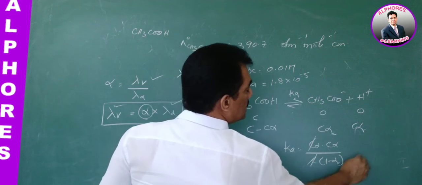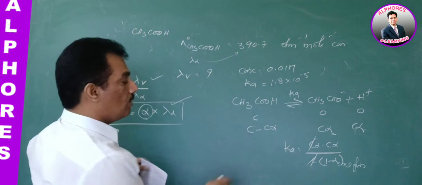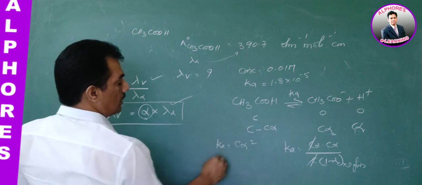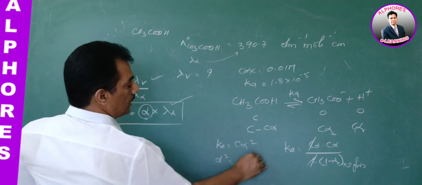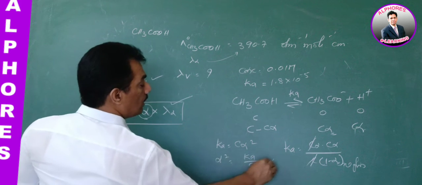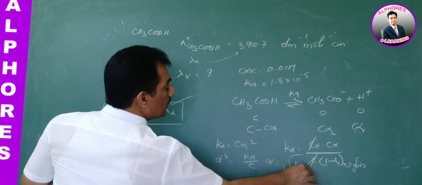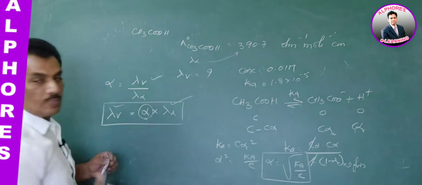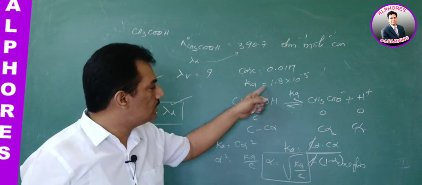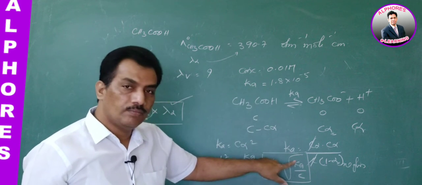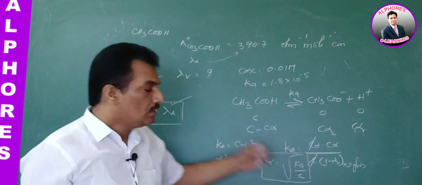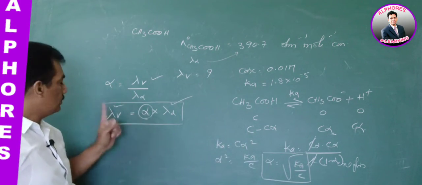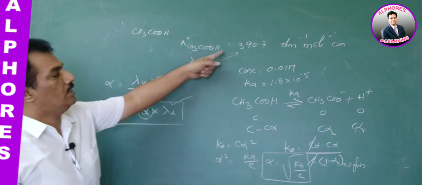So now Ka is equal to C alpha square, or alpha square is equal to Ka by C, and alpha is equal to root of Ka by C. This is the formulation from the given data. We have the dissociation constant and the concentration, and now we substitute the alpha value here. This is already given. Clear?